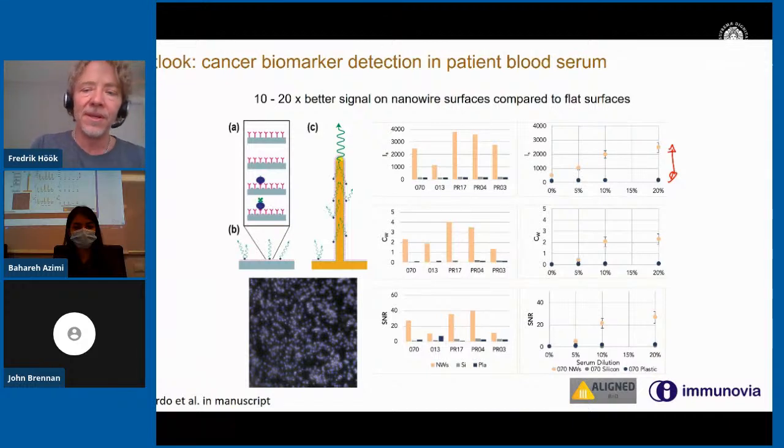And we are using here not a conventional sandwich assay, but a technique that has been developed by Immunovia, a company in Lund doing protein microarrays for the purpose of cancer biomarker detection. And I'm happy to explain the details of their sandwich assays, but the key thing is that we were in this way able to increase the signal to noise quite dramatically compared with flat surfaces, thanks to this fluorescence enhancement that the wires provide.